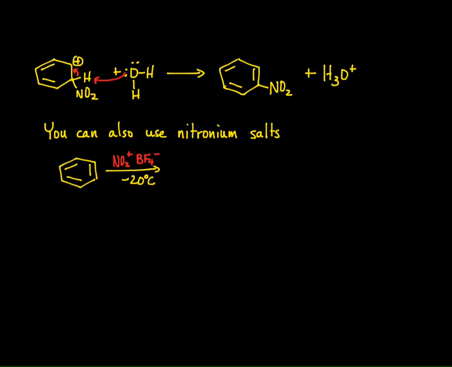In solution, these are very reactive ions, and you get nitrobenzene. Again, the yield is very good, around 87%. So this is an easy way. You don't have to necessarily use strong acids, and you get the same results. But again, you have to run these typically at lower temperatures.